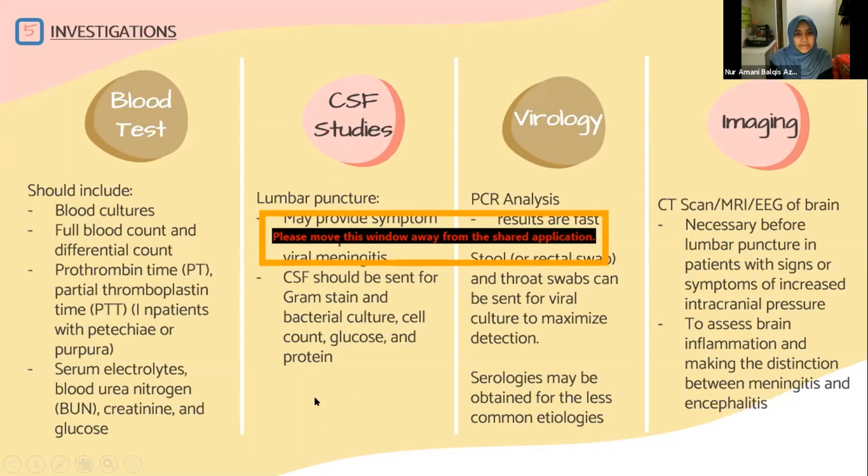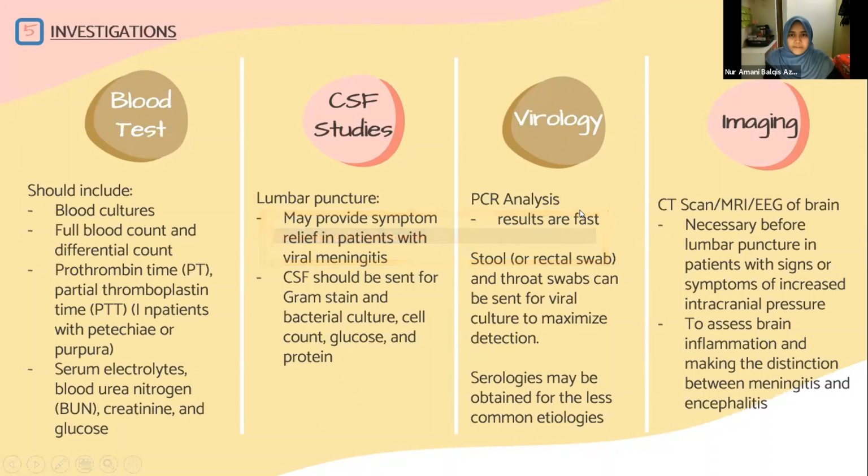CSF findings are different in viral encephalitis and bacterial encephalitis. Okay, so the next one is virology. Virology is done by PCR analysis because the results are fast compared to doing culture of CSF.